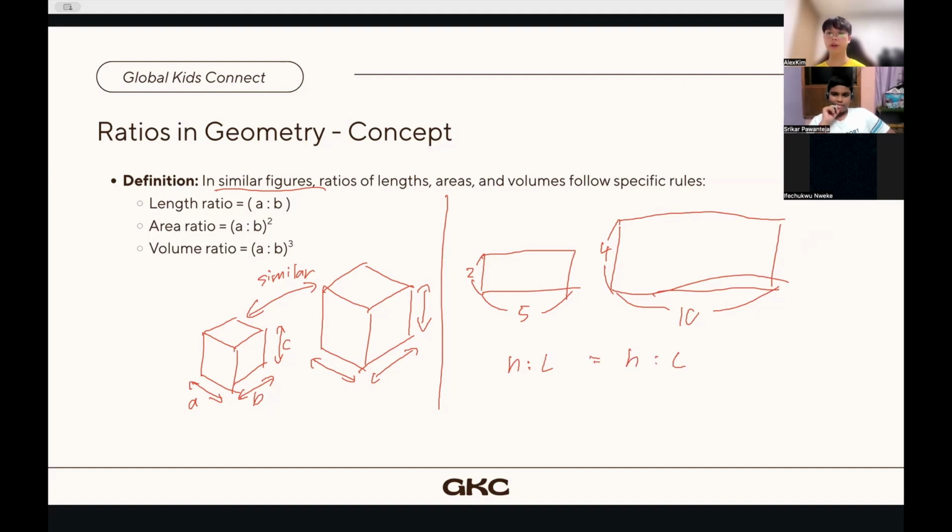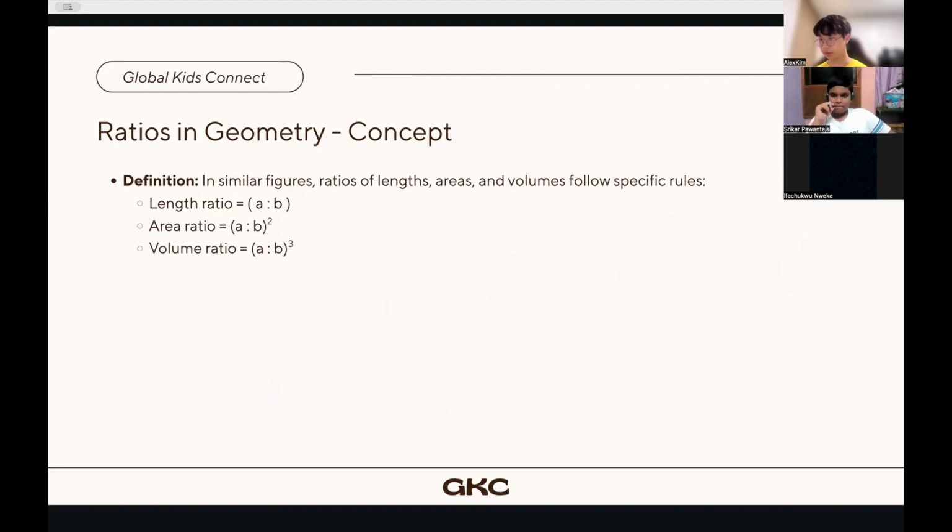And therefore, we can say that these two shapes are similar. This is what is meant by similar figures, just to get you familiar with it. If we have similar figures, the ratios of lengths, areas, and volumes follow specific rules.